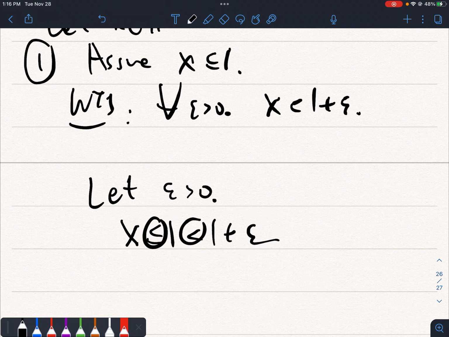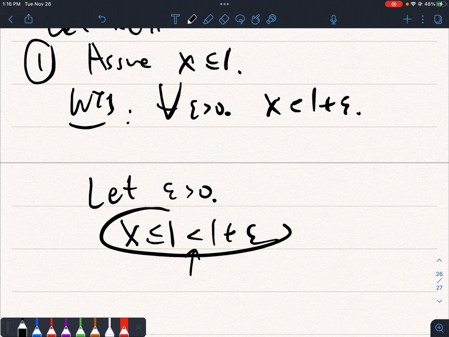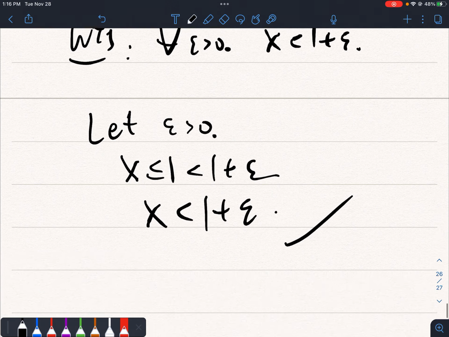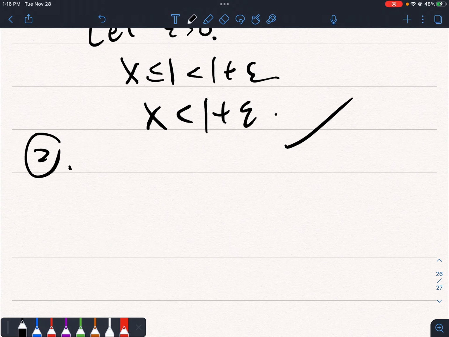This is clearly true. So if we have an inequality where at least one of them is strict, then the entire inequality is strict in the sense that x is strictly less than 1 plus epsilon. And we are done. So this direction is trivial.